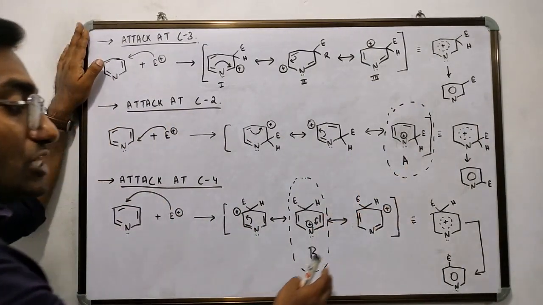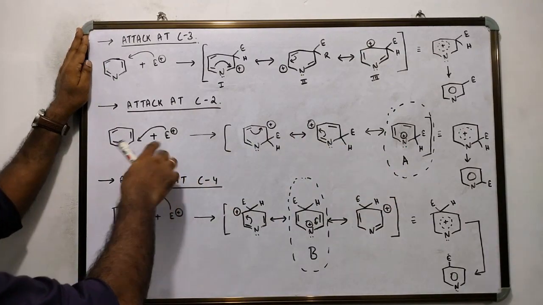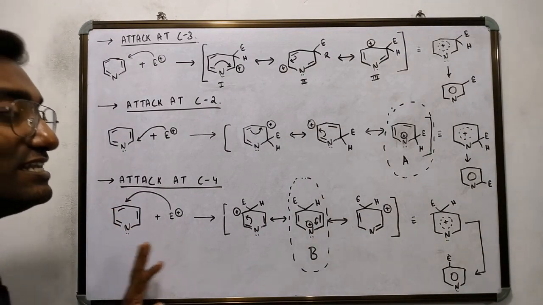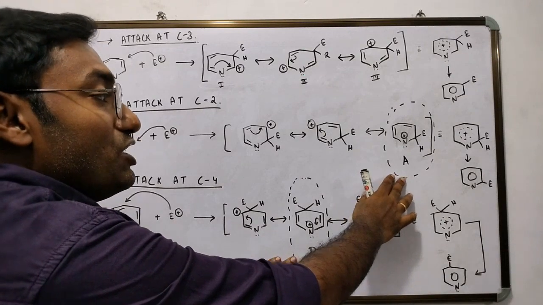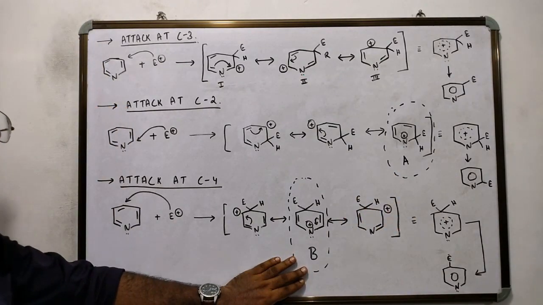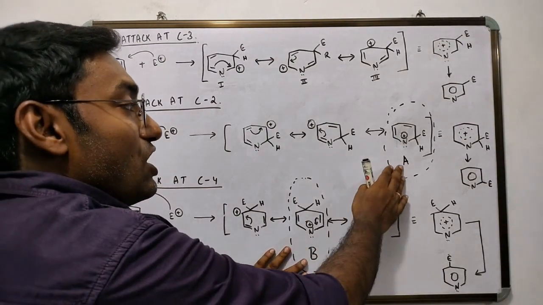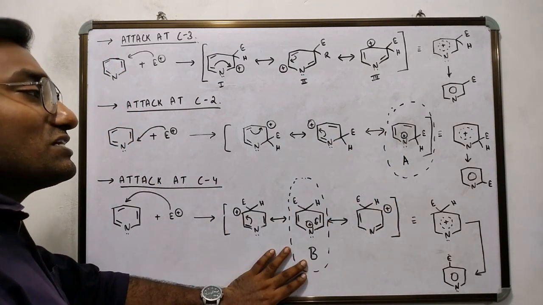Structure A and structure B, resulting from attack of an electrophile at the C2 and the C4 position respectively, are nonsensical structures. That means structure A and structure B would never even form in the first place. Why? Because these structures are high energy structures, or very unstable structures.